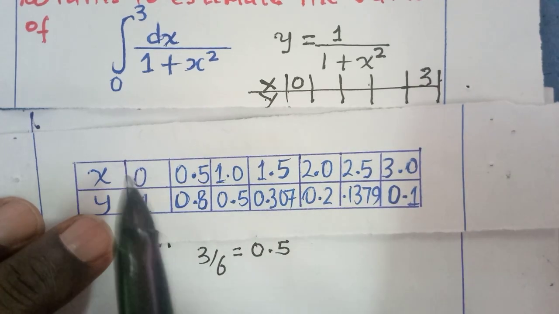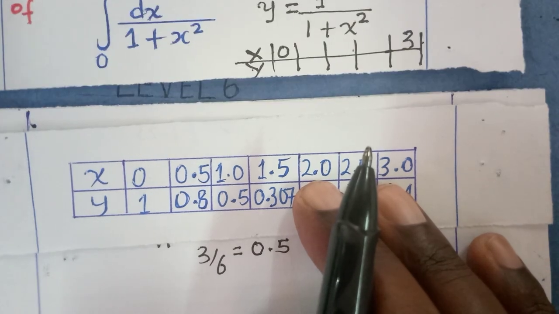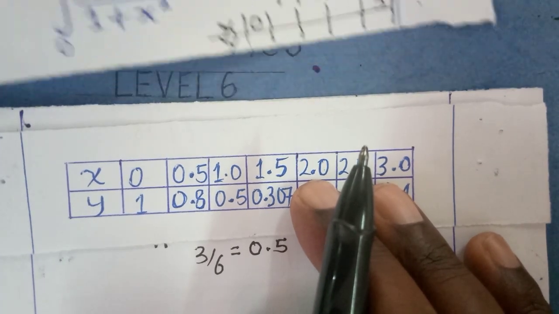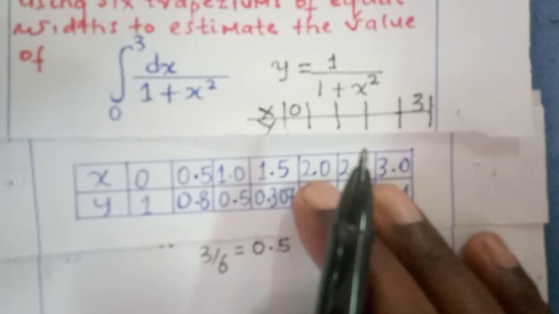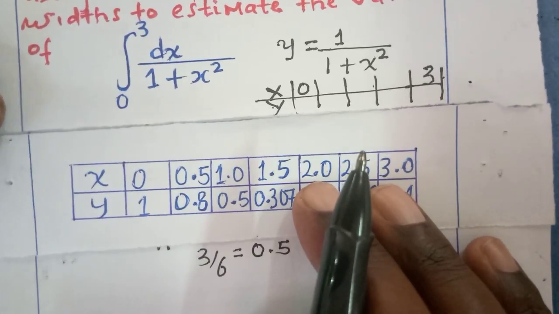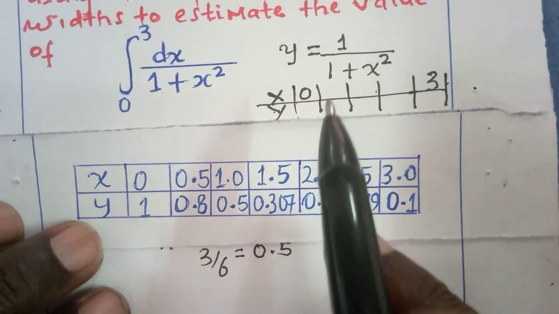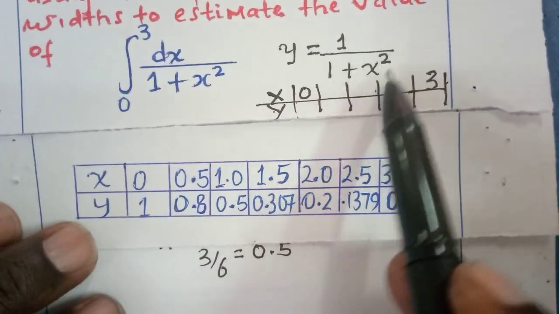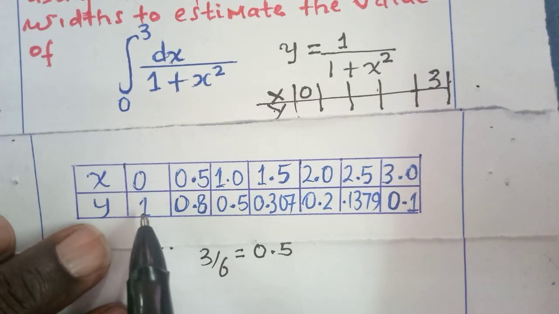I put the coordinates of x so that I can find y. When I put 0 there, you get 1 divided by 1, which gives us 1 here.